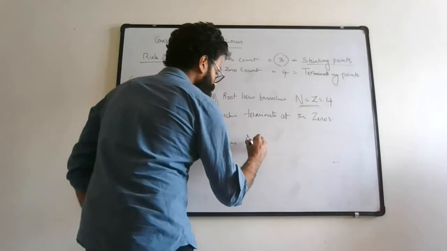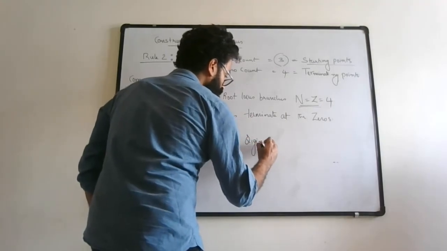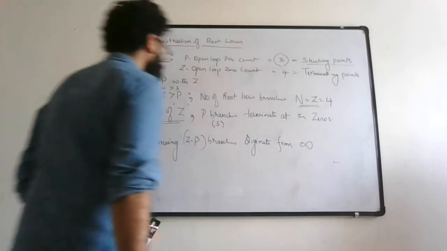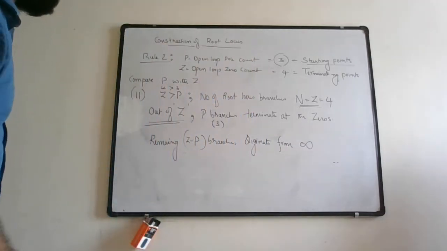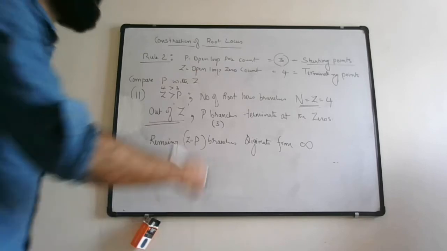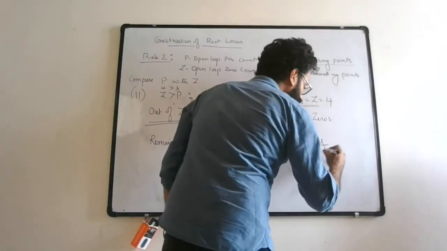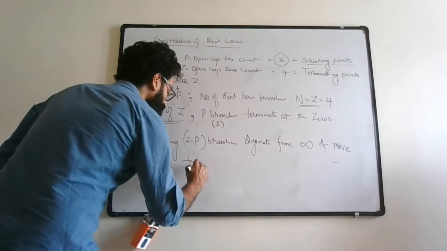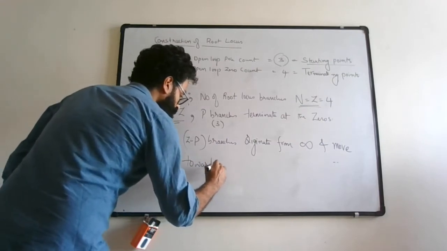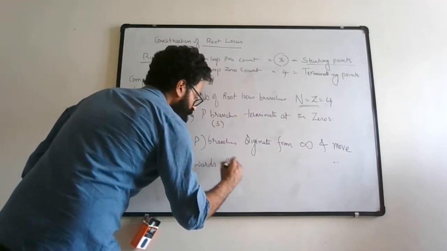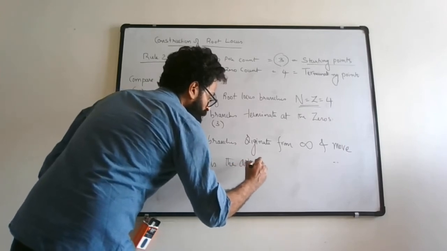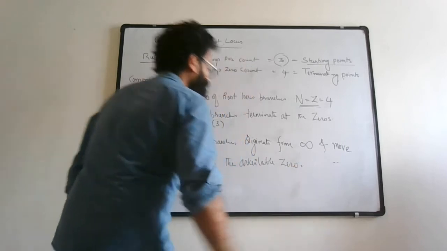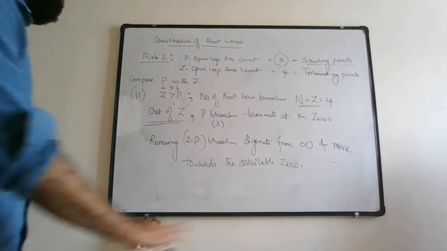Remaining z minus p branches originate from infinity and move towards the available zero. Available zero. Okay. So this is the meaning.